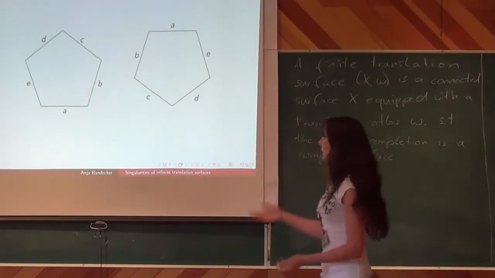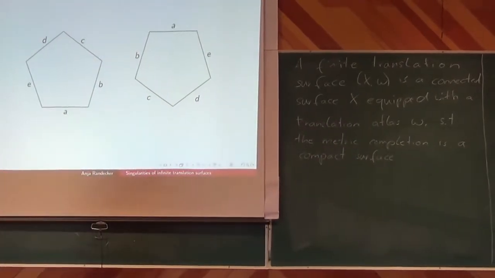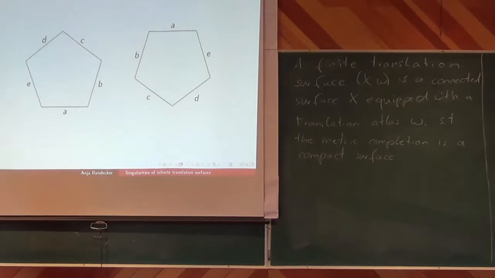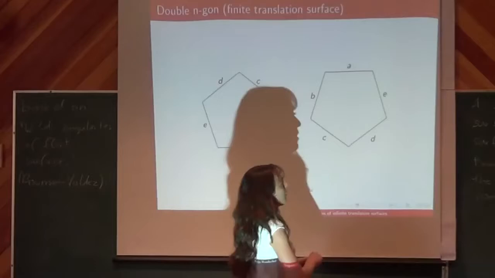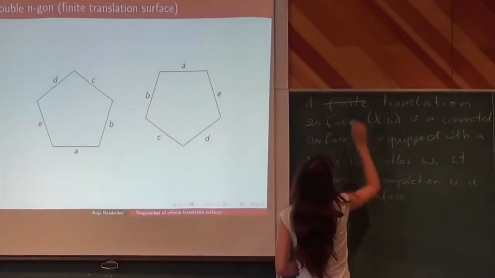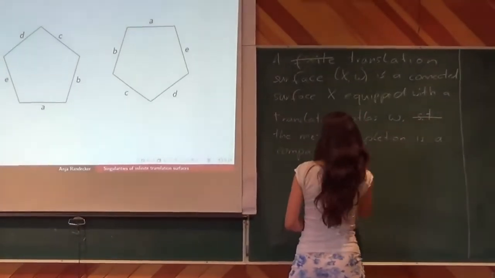So that's what we have here, and most of the things that were done in the last 25 years. But if we want to look at some infinite type things, then I'd like to drop this finite condition.